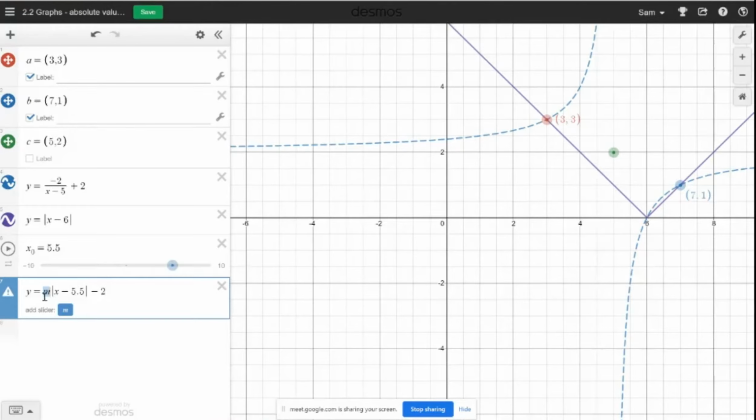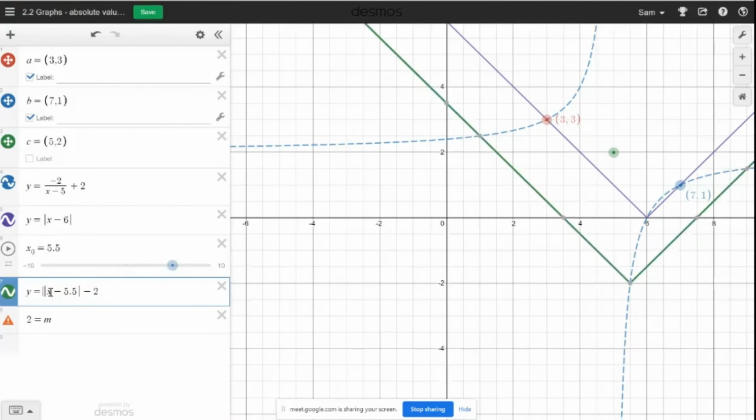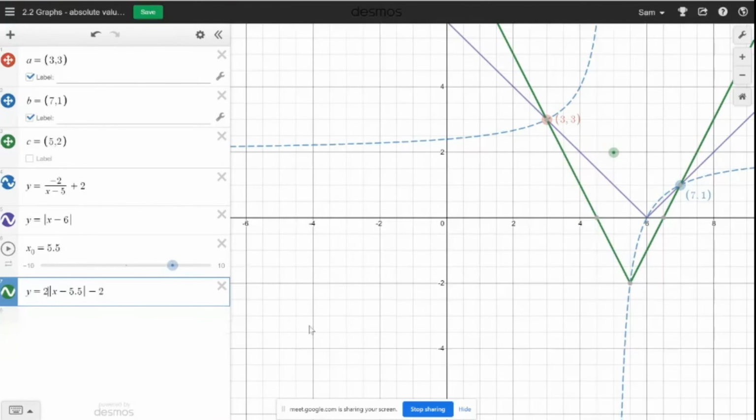Now to find our slope, we substitute in our point (7, 1). 1 equals m times the absolute value of 7 minus 5.5, minus 2. Let's just add 2, so 3. 7 minus 5.5 is 1.5. Divide both sides by 1.5, and 3 divided by 1.5 is just 2. Okay. Here you go. Isn't that cool?